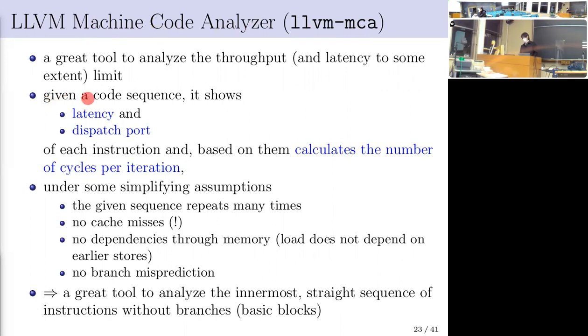Given a code sequence, it shows the latency and dispatch port of each instruction, and based on the latency and dispatch ports, calculates the number of cycles a single iteration necessarily takes.